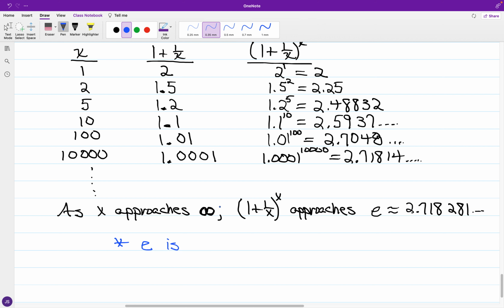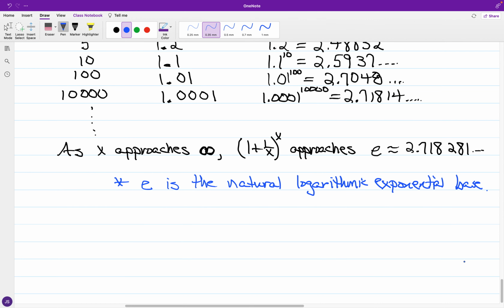e is what is referred to as the natural logarithmic exponential base. There's going to be a little bit of code, especially with many scientific calculators.